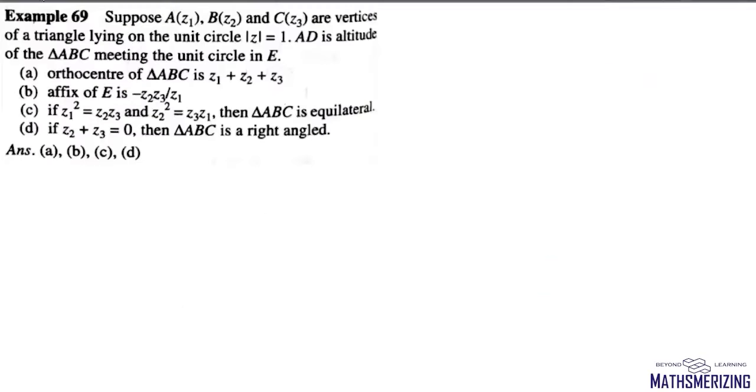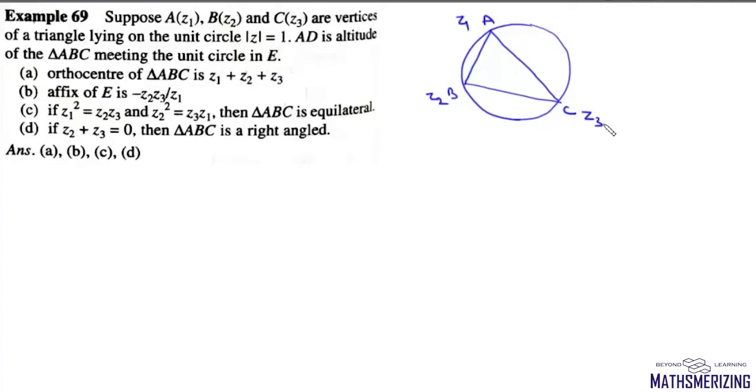Now here the question is, let ABC be vertices of a triangle lying on a unit circle |z| equals 1, and AD is the altitude of triangle ABC meeting the unit circle in E. So we have this unit circle with center at origin, and then we have this triangle ABC whose vertices are Z1, Z2 and Z3, and we are given that mod of Z1 equals mod of Z2 equals mod of Z3 and is equal to 1.